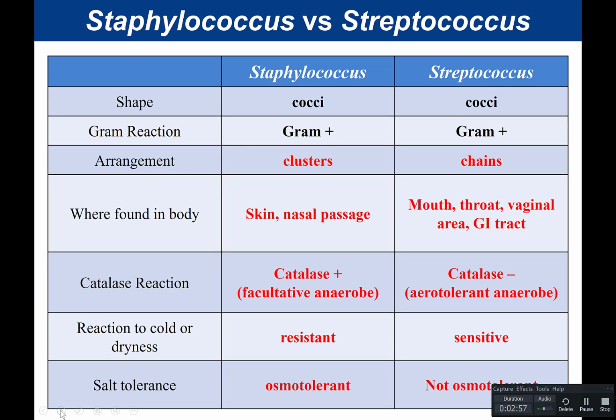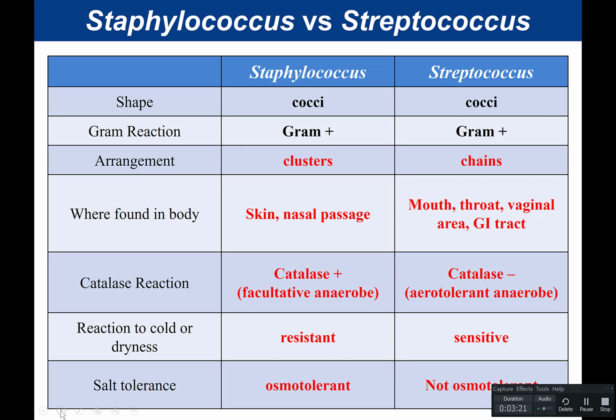They're strict fermenters. What that means is that they grow where O2 is present, but they don't use it. And so as a result, Streptococcus species would be catalase negative. They don't use O2 as their final electron acceptor, and therefore they don't have catalase. Remember that they would have peroxidase instead.